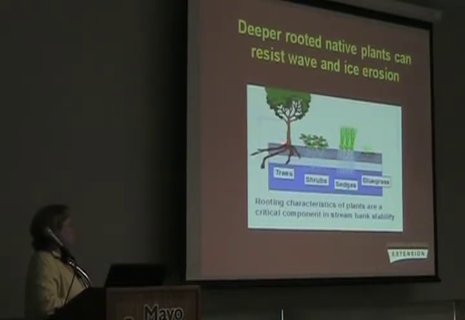If you have just a tree on a bank without any other plant materials, and the topsoil is eroding, that's when you see the trees start to fall into the lakes. People will say, why are my trees falling over? Well, a possibility is that they don't have other types of plant materials there. If you had a grass, let's say, or a sedge, it can help hold these roots in place. They work together.